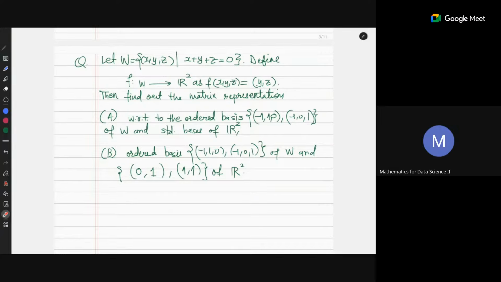First, I want you to tell me a reason why this W is a subspace of R3. I will give you some time.